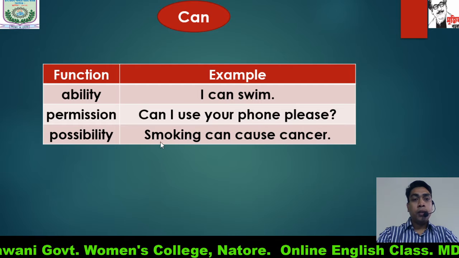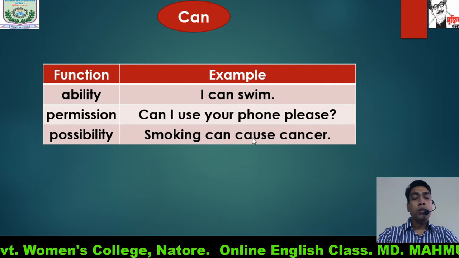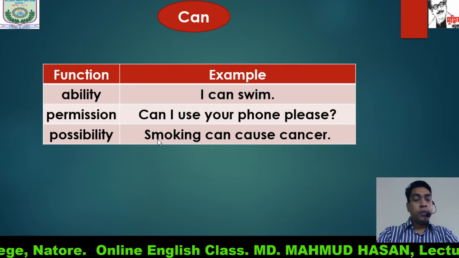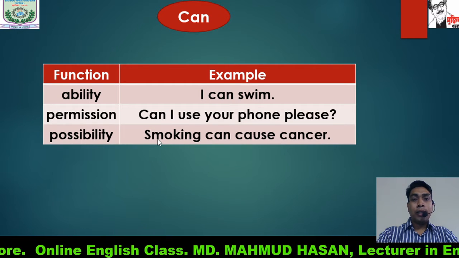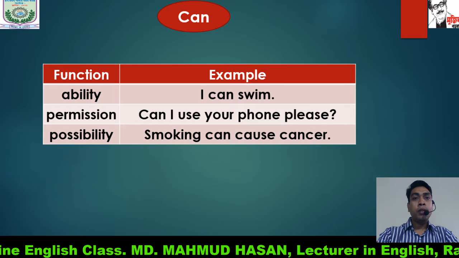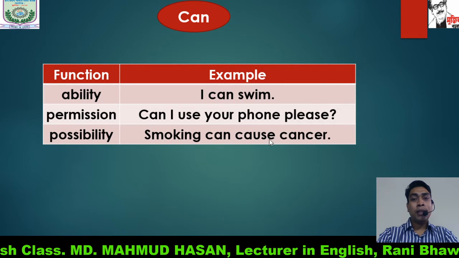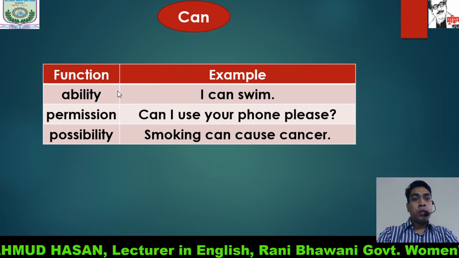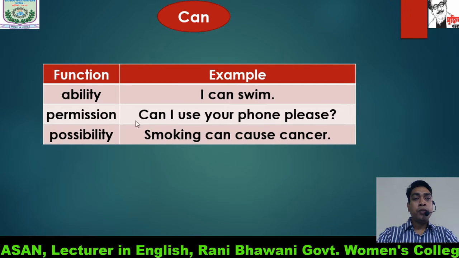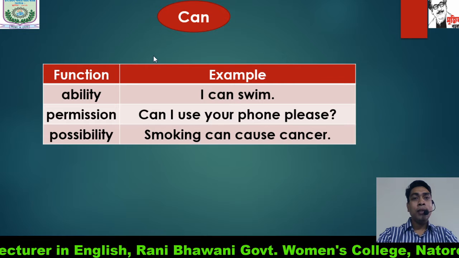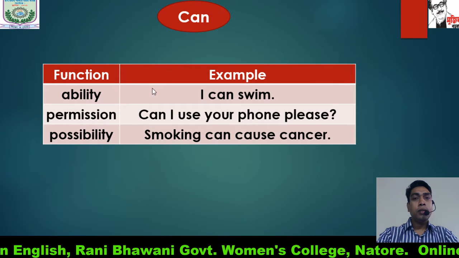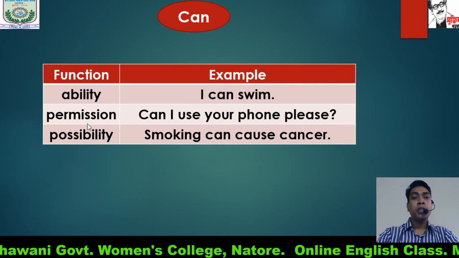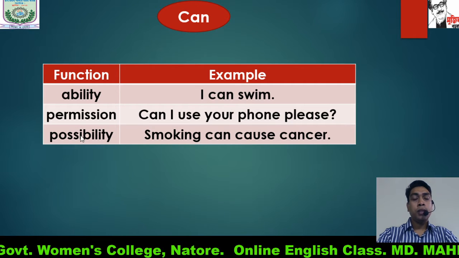Possibility. So if we smoke, we can fall into a problem, that is, cancer may happen. So in all these types of functions, the modal can can be used: ability, permission, possibility.